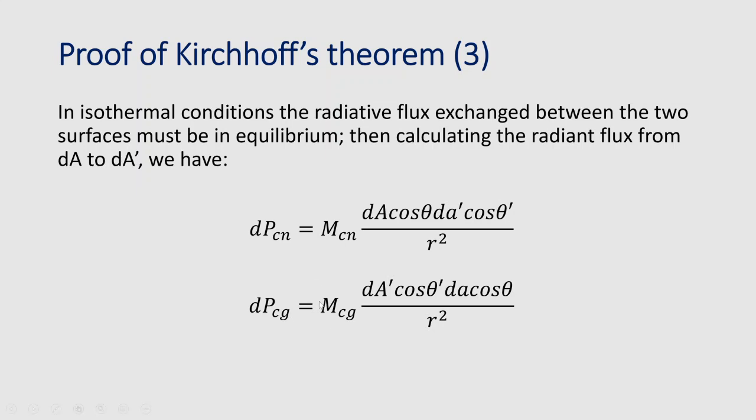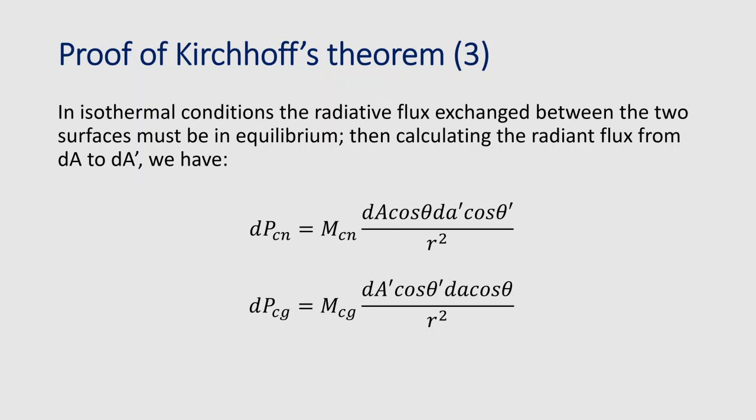It will be equal to the excitance of a gray body multiplied by the apparent emission surface dA1 cosine theta 1, times the apparent surface receiving energy, the black body, dA cosine theta, divided by the square of the distance r.